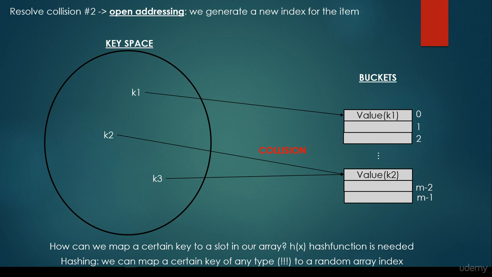Okay, we have been considering chaining, so we could use a linked list in order to store two items in the same array index. But another solution is the open addressing, where we generate a new index for the item because we have come to the conclusion that this array slot is not empty. Okay, so for example, we consider the next array slot available, which is the m-2 index.